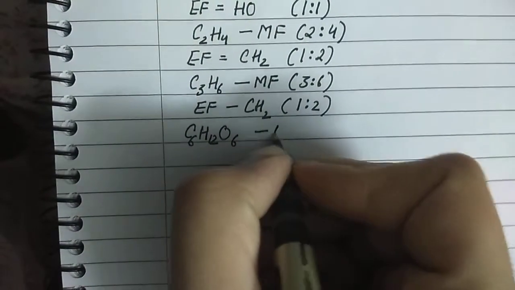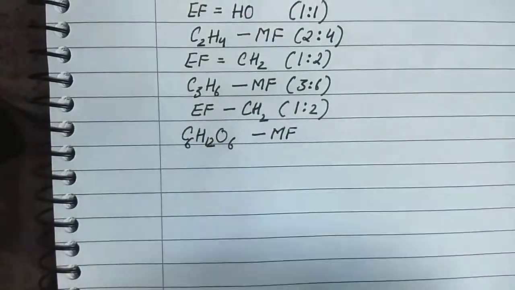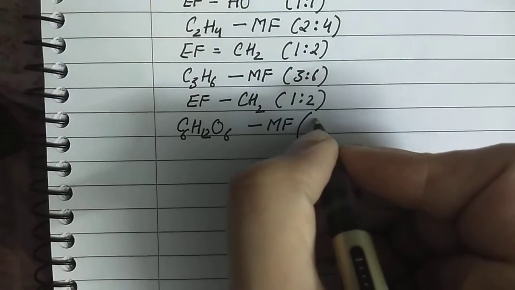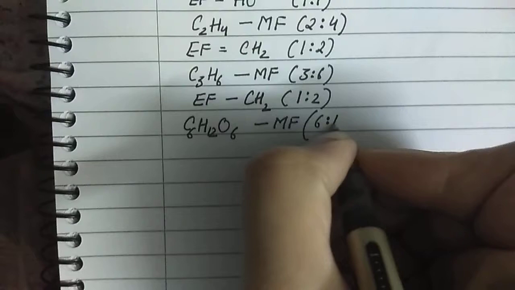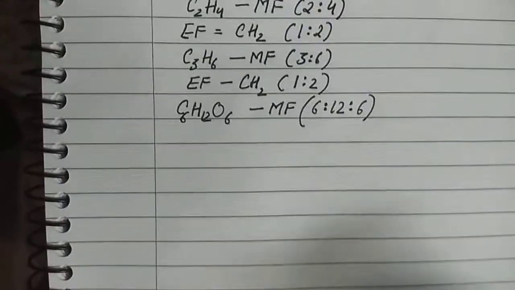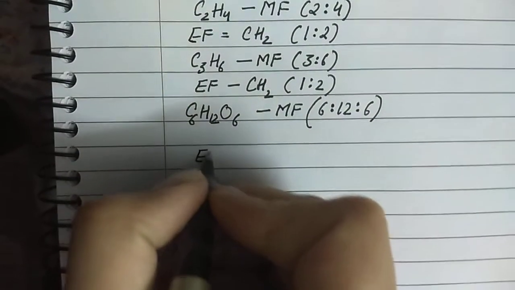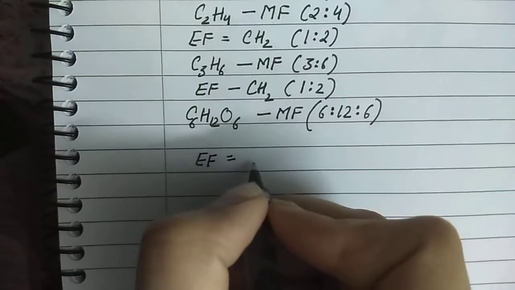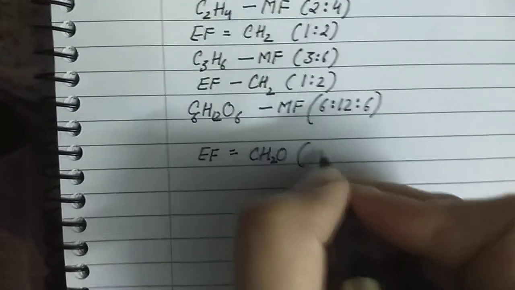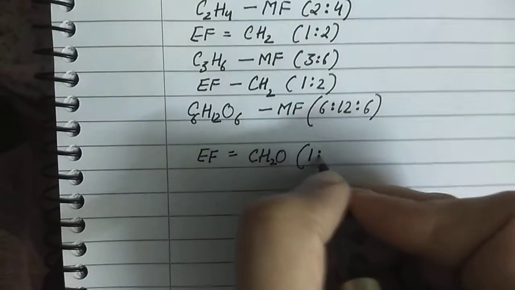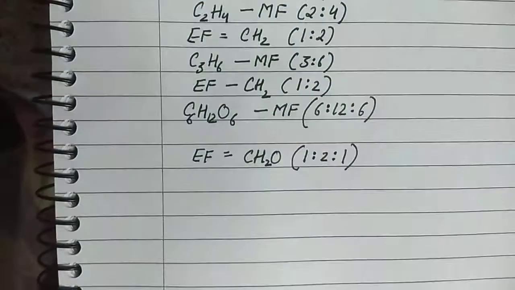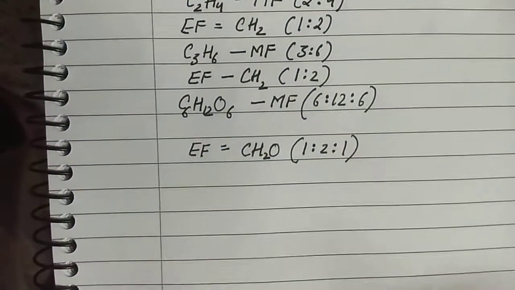Let us take another example of glucose, C6H12O6, which is the molecular formula of glucose. Now the ratio of elements in the molecular formula is 6:12:6, right? So empirical formula of glucose would become CH2O, in which the ratio is 1:2:1, which is the simplified form of this ratio.